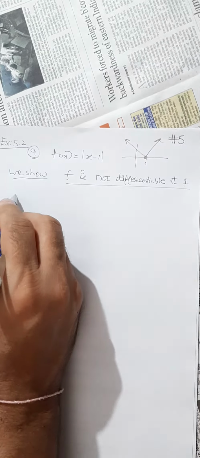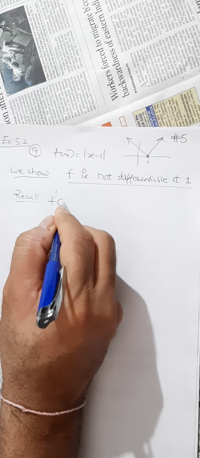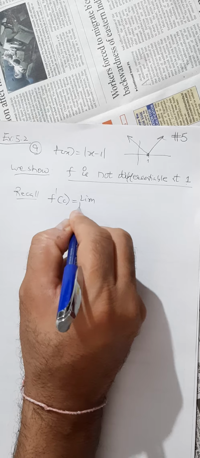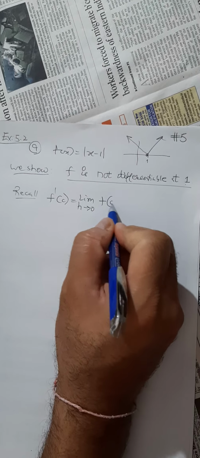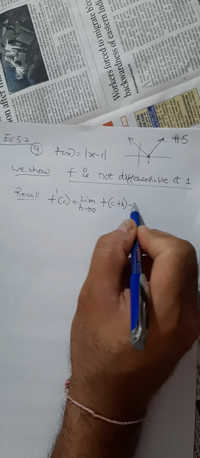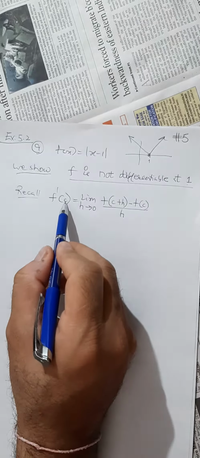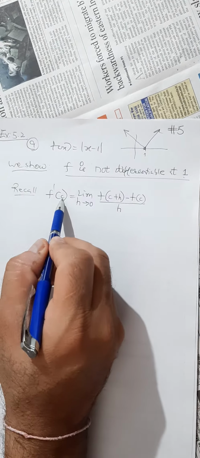At 1 we are going to use the definition of differentiability. So recall this definition. What is f dash c? Limit h tends to 0, f of c plus h minus f of c upon h. We want to see differentiability at 1, so I'm putting c as 1 now.